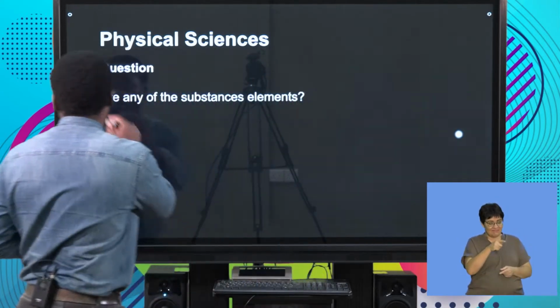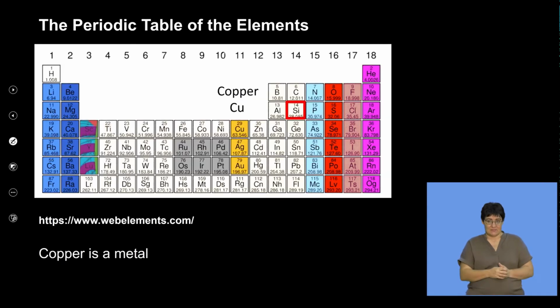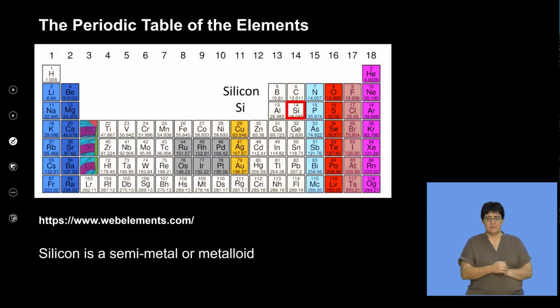Think about that. So if that's the case, copper is a metal, and you'd understand that if copper is a metal, it means copper is also an element. There is copper, element number 29. Silicon is also an element because it consists of atoms of the same kind. Silicon is a semi-metal.